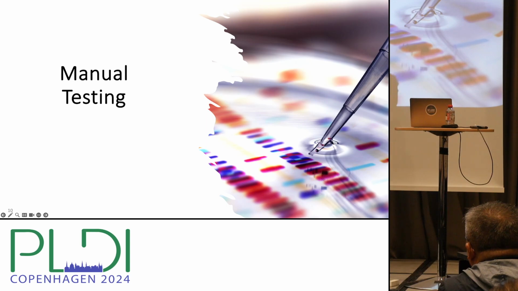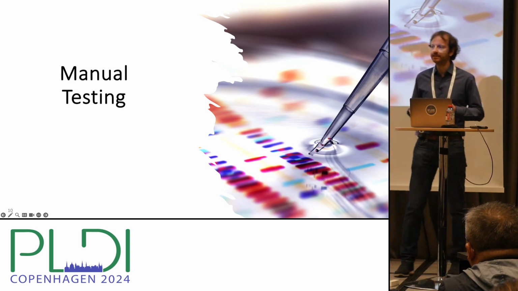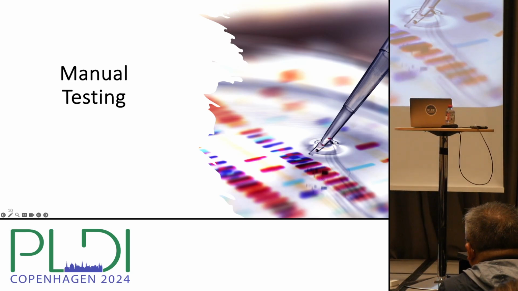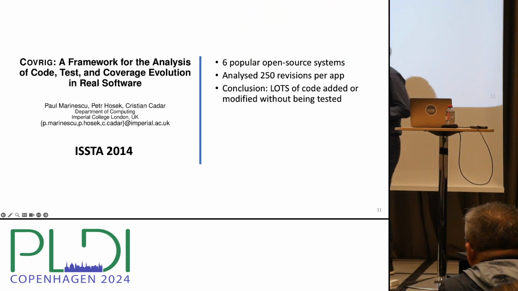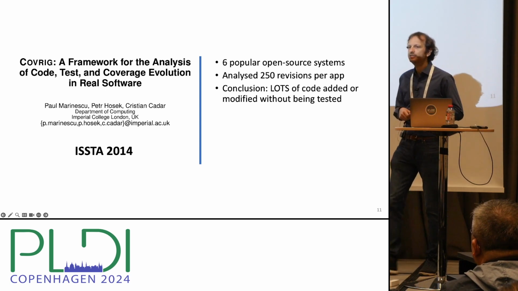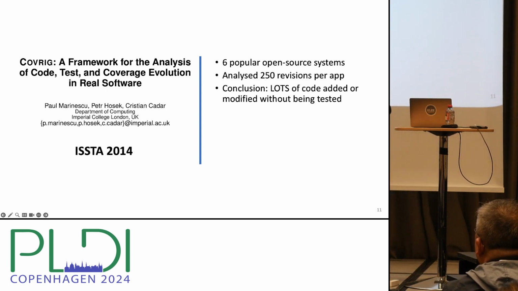on fuzzing. But before I talk more about fuzzing, let me talk a little bit about manual testing, because I think it's important to understand how developers actually test their programs in practice these days before seeing if we can help them with fuzzing. So 10 years ago, in 2014, we conducted this empirical study where we analyzed 6 popular open source systems.